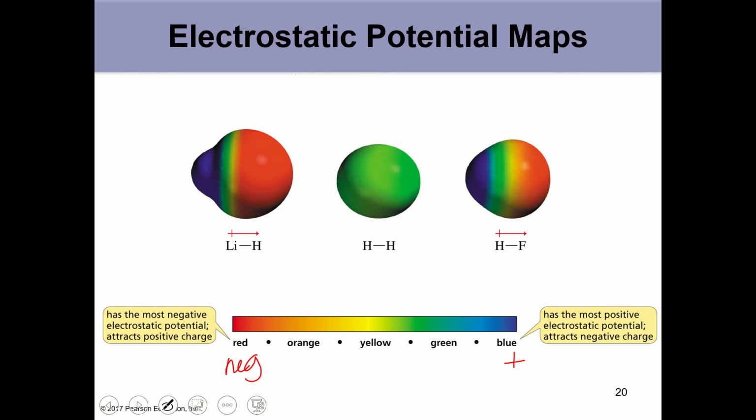And so when we're bonded to a metal, hydrogen is more electronegative than a metal. It's going to be the negative atom in the dipole, partially negative. And when hydrogen is bonded to a non-metal, it's going to be the positive atom in the dipole and partially positive. When there is no dipole moment, you're going to have a neutral color.